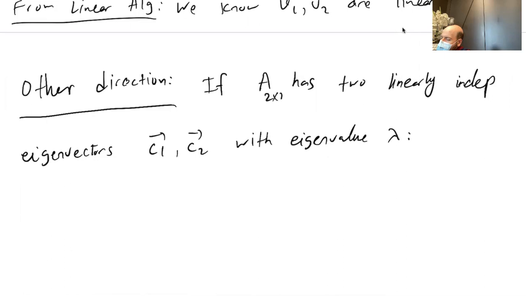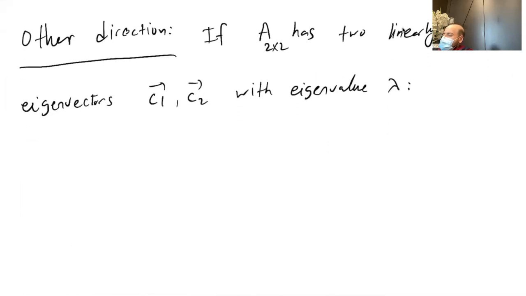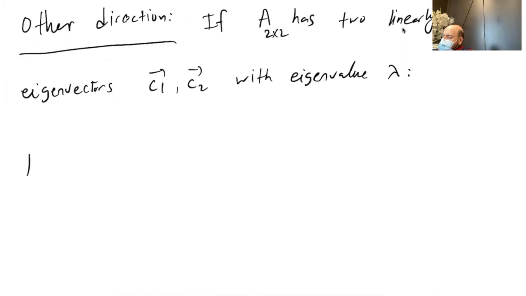And remember, I'm assuming A is 2 by 2. Then what does that mean? That means A C1 is equal to lambda C1 and A C2 is equal to lambda C2.